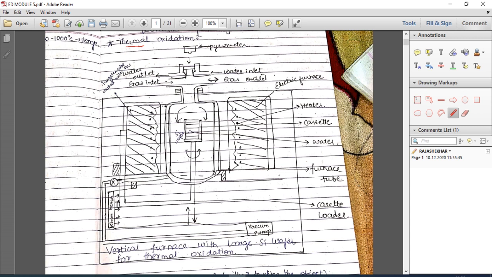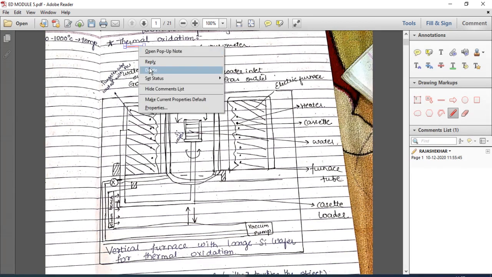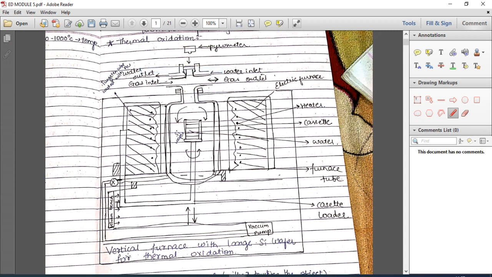So now look at this furnace. I call it a vertical furnace with a large silica wafer for thermal oxidation. It is a vertical furnace which is used to perform oxidation. It is the device which holds this chemical process.